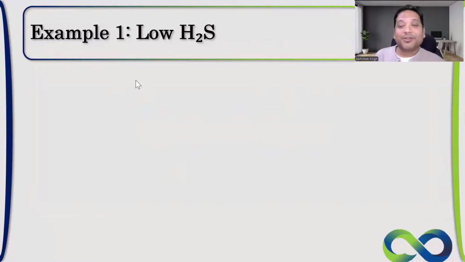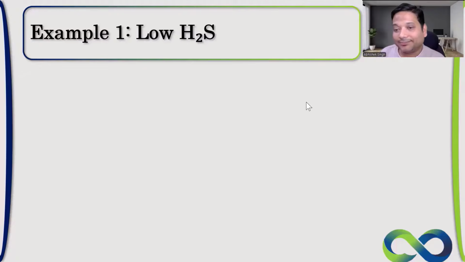So let us now focus on the example. We are going to clear or draw boundaries for uses of material. So be attentive to this. I'll give you certain conditions. The first condition is partial pressure of H2S. In this case, partial pressure of H2S is 1 kPa.